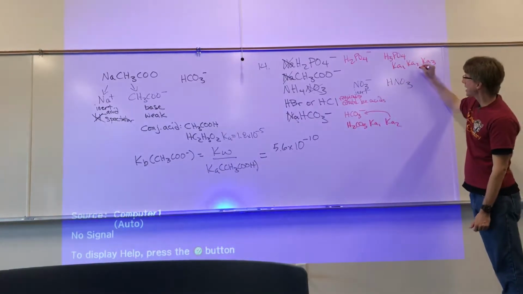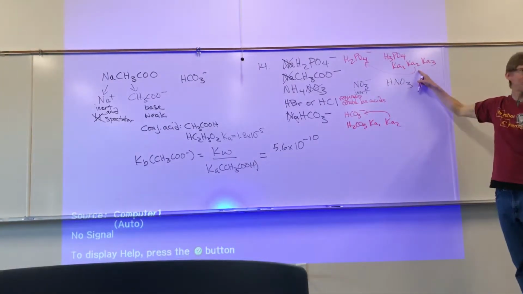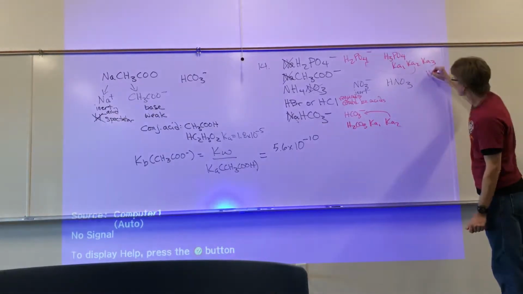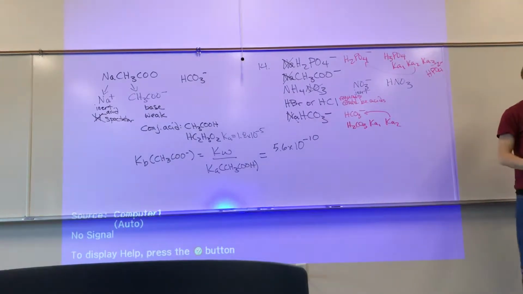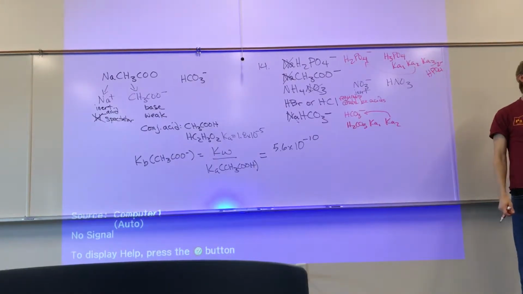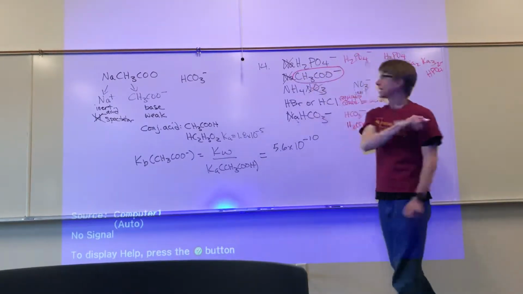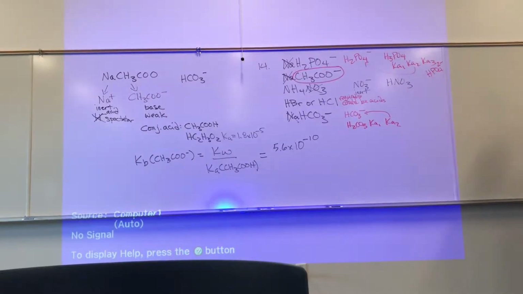When you remove the second proton, that's the Ka value for H2PO4 minus. For Ka3, you have HPO4 minus. You're taking the third proton away one step at a time. And that leaves us with this as the only one that can't be an acid, even though it has H's.